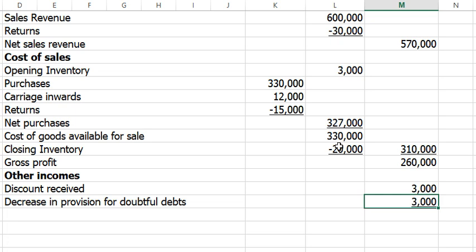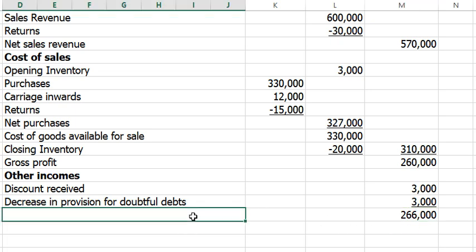When you add them to the gross profit, 260,000 plus 3,000 plus 3,000, you come up with 266,000. We can call this the total incomes, sometimes also referred to as the gross income.